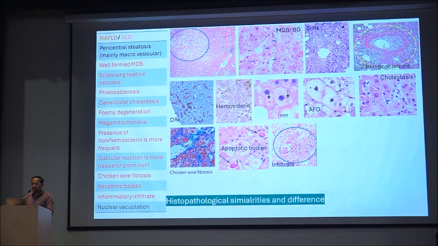These are more prevalent in alcoholic patients than NAFLD; although they can be seen in NAFLD as well, the extent is higher in ALD patients.